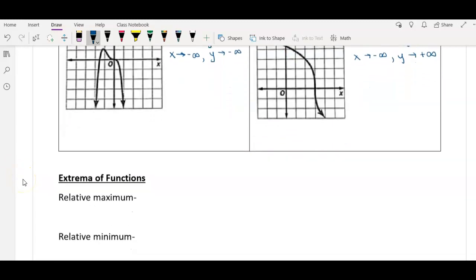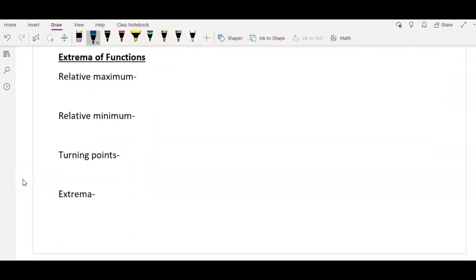All right, so we've talked about end behaviors. Let's talk about what we call extrema of functions. Extrema, there's a lot about extrema, so let's just jump into it.